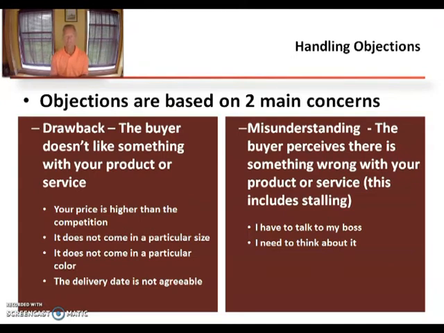Sometimes a misunderstanding is a stalling tactic. I need to talk to my boss. I need to think about it. At that point in time, the way you handle that objection is you talk about how the problem's not going to go away, and the time you spend talking to your boss or thinking about this particular solution is the time that problem is going to continue to exacerbate and cost you money and time.